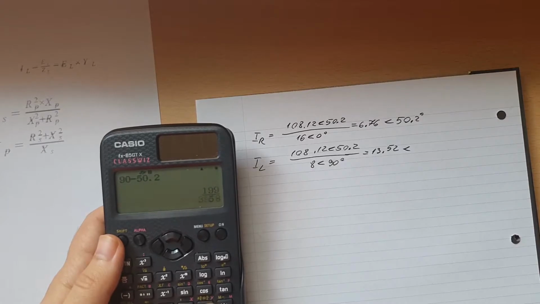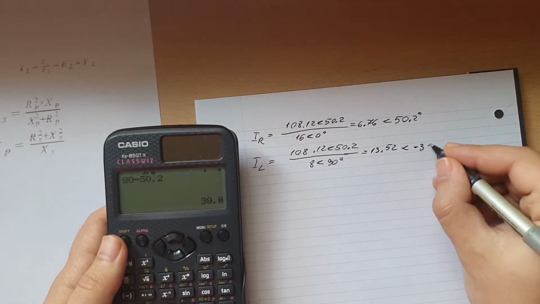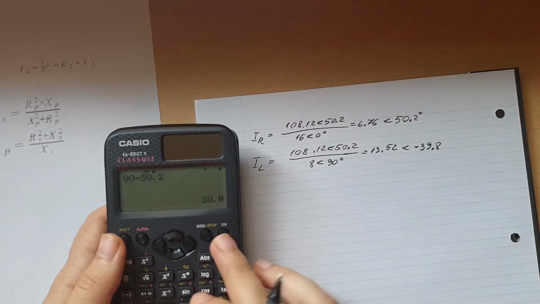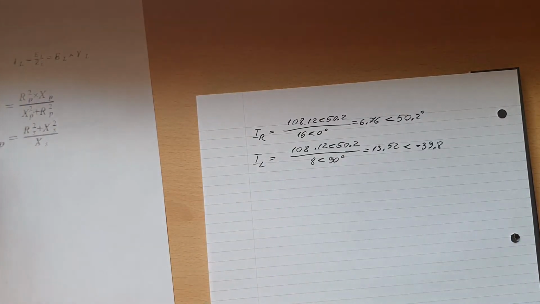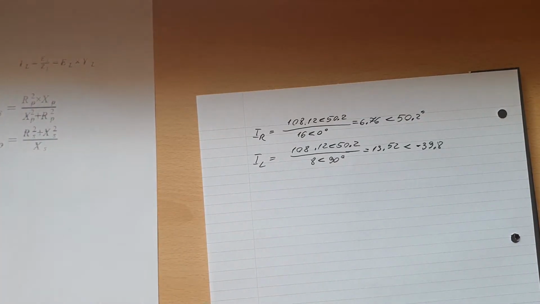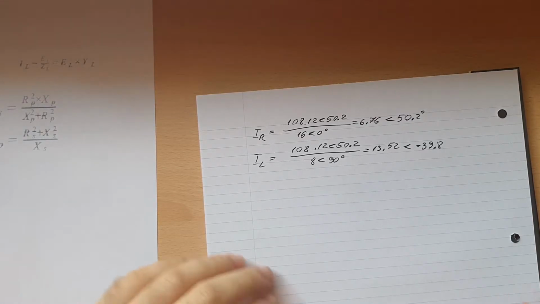That would be minus 39.8. I wrote it the opposite way, that's why it's a positive and it's not negative on the calculator. Okay, so now I have IL.